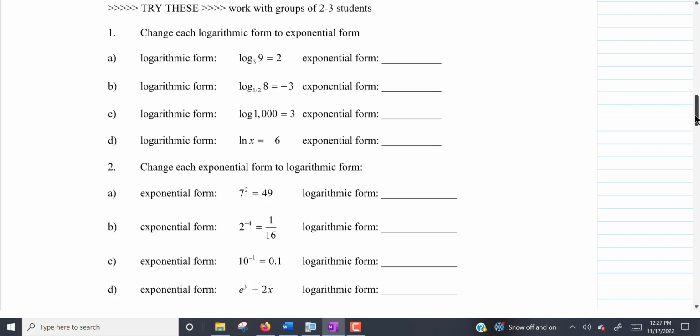All right, let me go through what you should have had here. Remember, the subscript is the base. What you're equal to is the exponent. So you'd say 3 to the second equals 9. That would be your exponential form. And every problem is the same from here. You would have the base 1/2, which would have to be in parentheses, raised to the negative 3 equals 8.